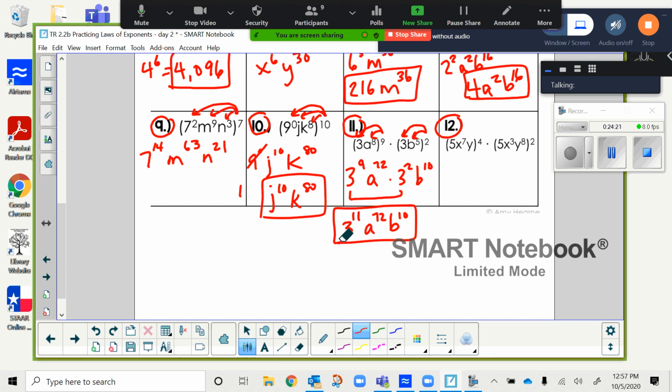And number 12 works just like number 11. You just have an extra variable inside. So you should have 5 to the 4, x to the 28, y to the 4, times 5 to the 2, x to the 6, y to the 16.